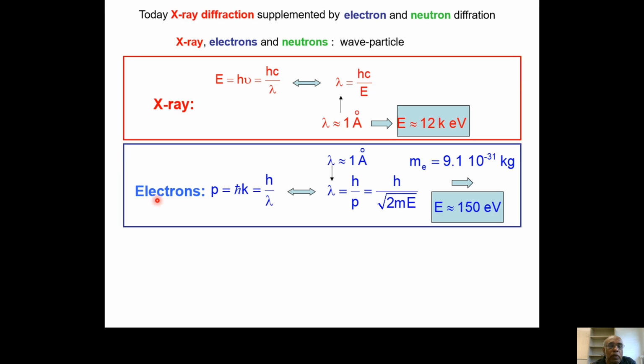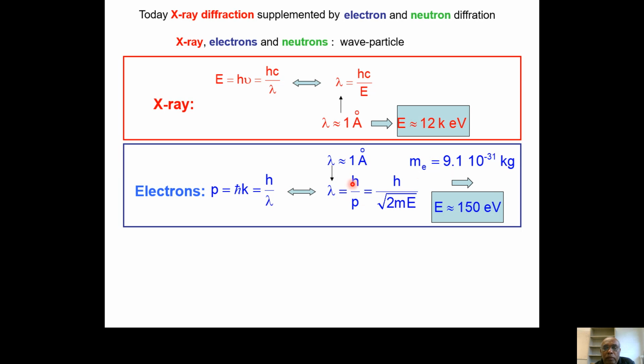But if you consider electrons, they are particles, but using wave-particle duality, we can define the de Broglie wavelength. The de Broglie wavelength is given by momentum equals h over lambda. Again, if you use lambda about 1 angstrom, here we have to consider the electron mass also.